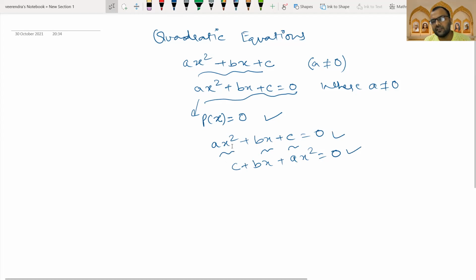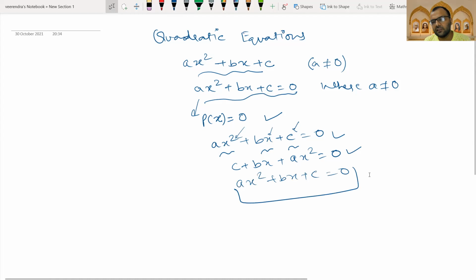But if I write this equation in the descending order of the degree of these terms, where the degree is 2 here, 1 here, and 0 here, then it is ax square plus bx plus c.